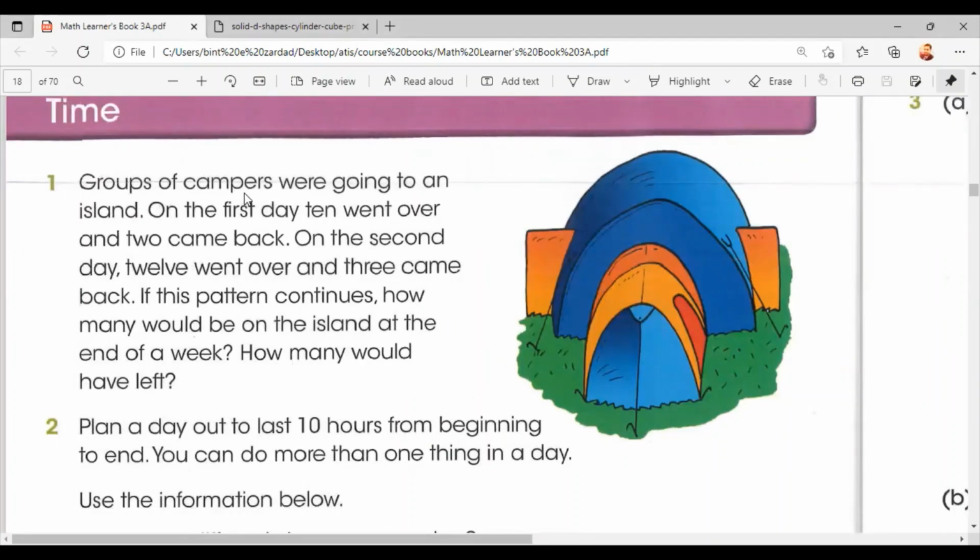Next question: a group of campers were going to an island. On the first day, 10 went over and 2 came back. On the second day, we need to make a small table.